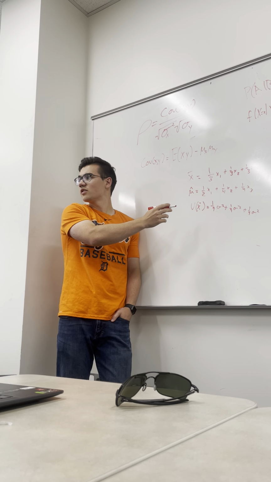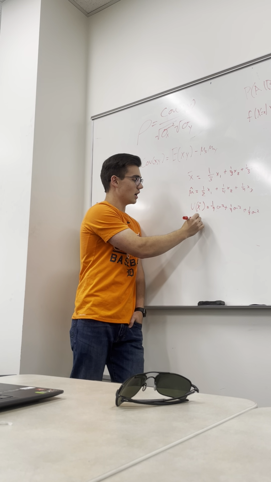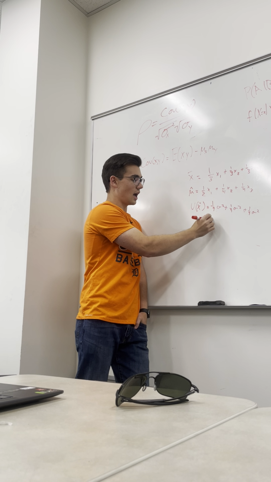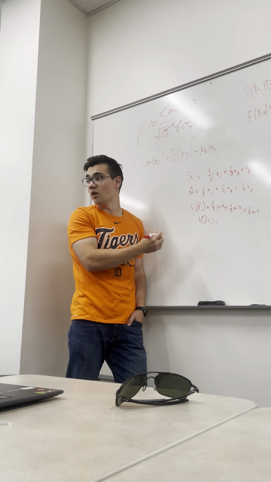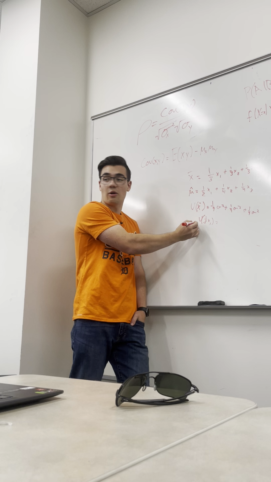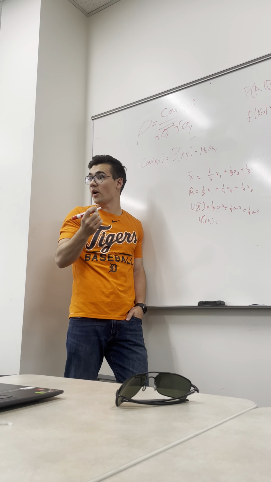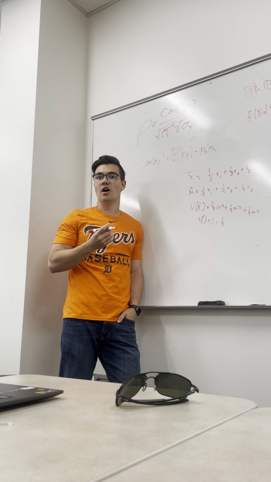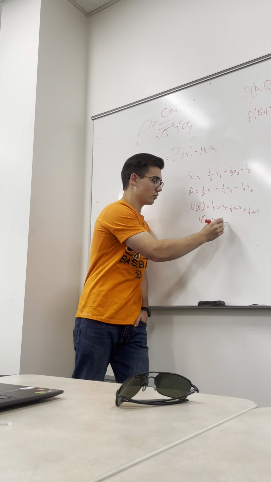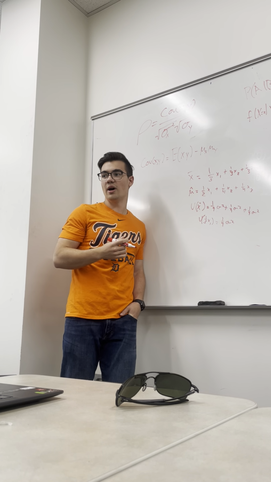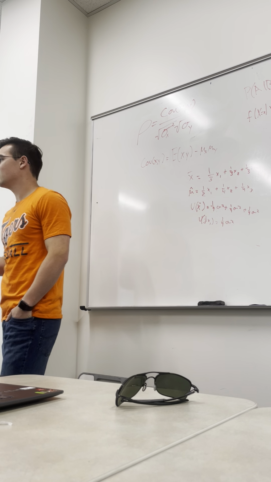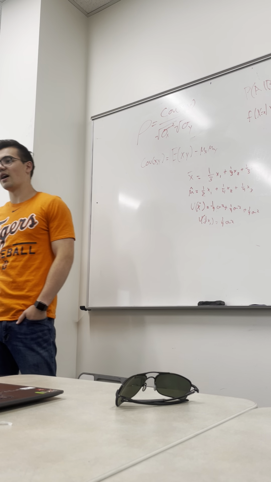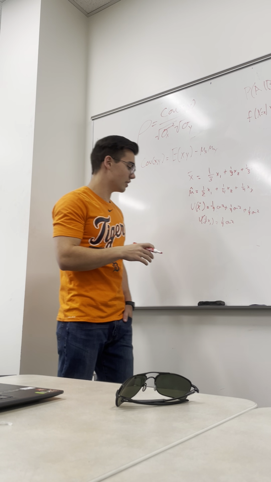The way I got to this was I said, what's the variance of 1/3 x1? I can pull out my constant 1/3 and square it, which becomes 1/9. And then the variance of x1 is sigma squared. The variance of anything from a data set is the variance of the data set, if that makes any intuitive sense.